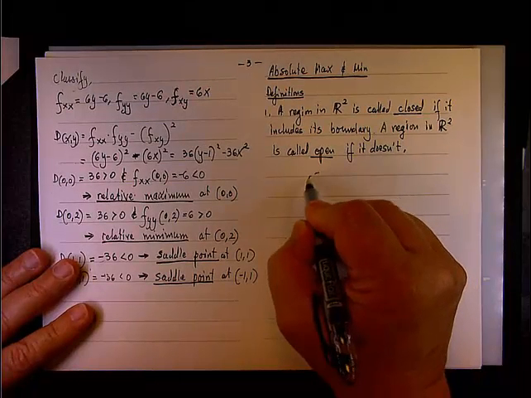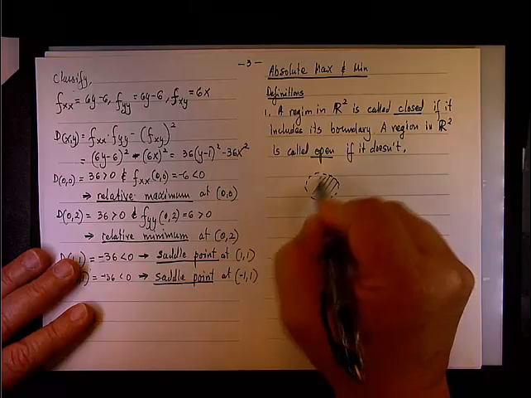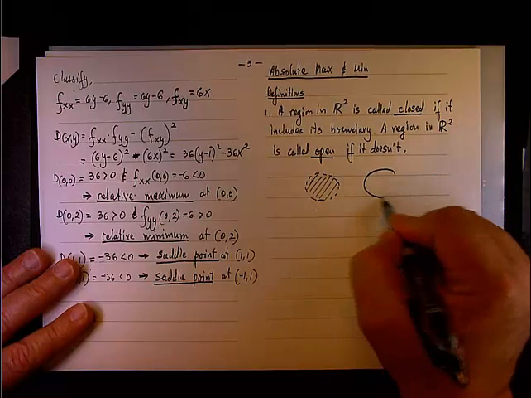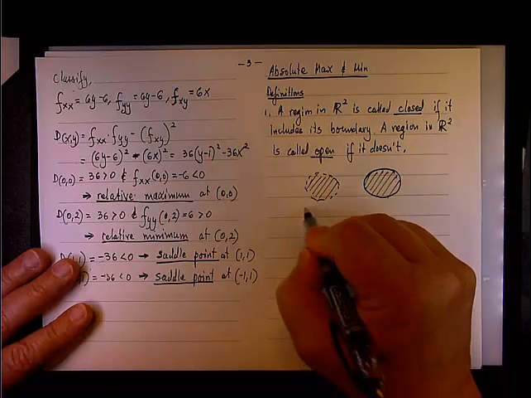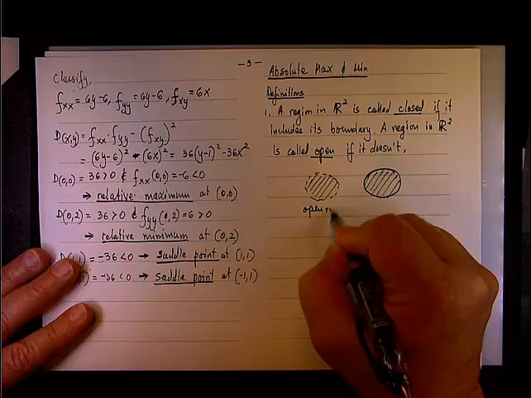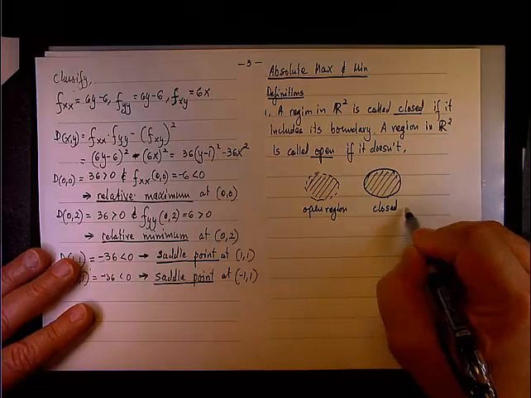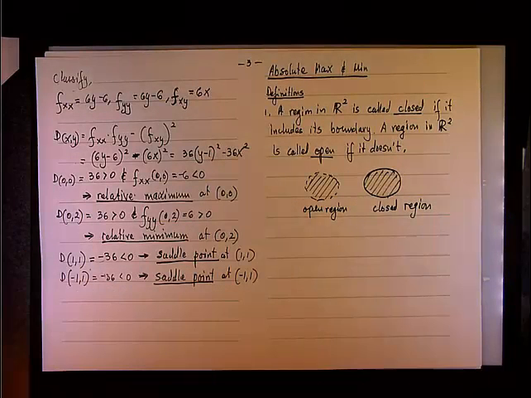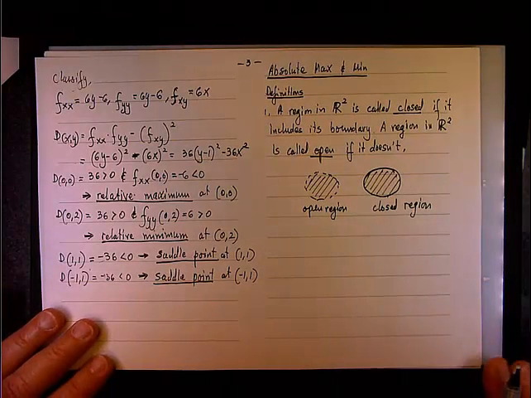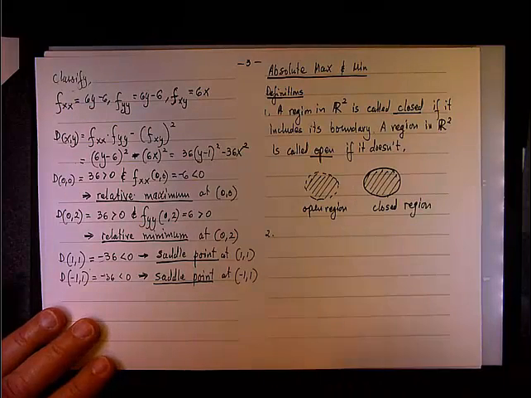For example, if we're talking about a circle, this region is open and this region is closed. So it's similar to the notation we had for open and closed interval, but we no longer can talk about interval here because we have two independent variables x and y.